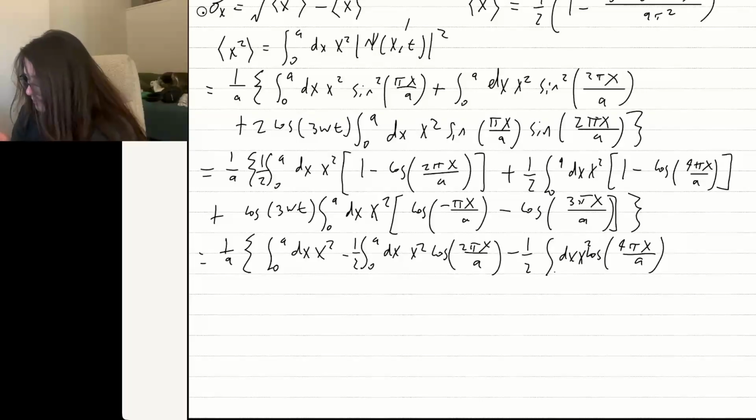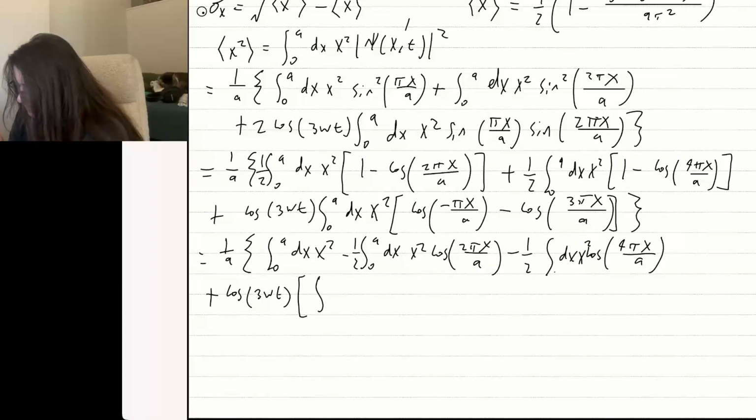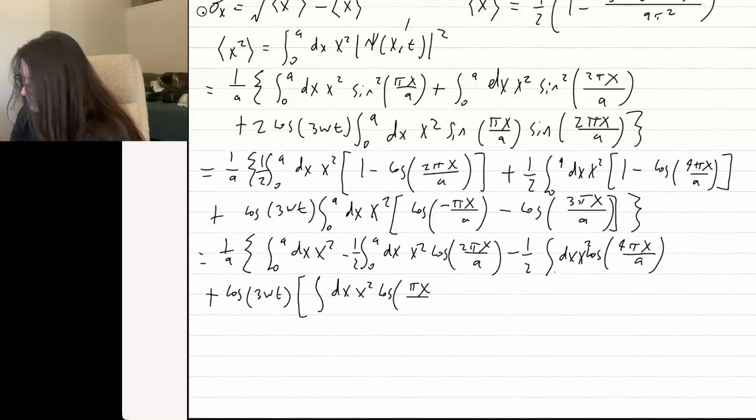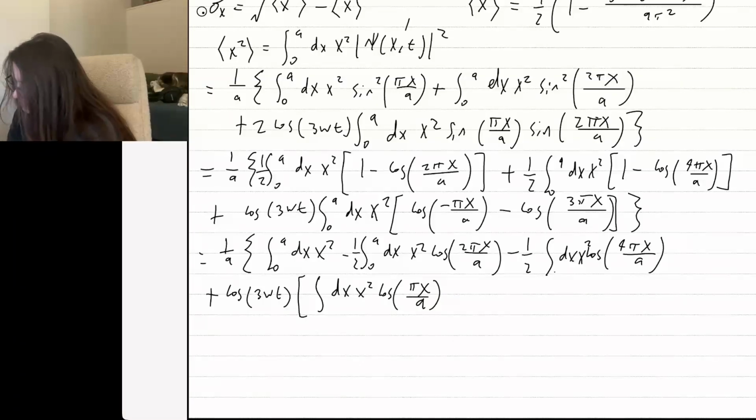And then plus cosine 3 omega t, big bracket, integral dx x squared cosine, and the cosine of a negative argument is the same as the cosine of a positive argument, so positive pi x over a in there, minus, and that's fine, integral dx x squared cosine 3 pi x over a.